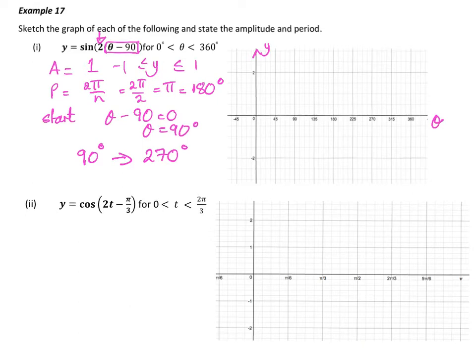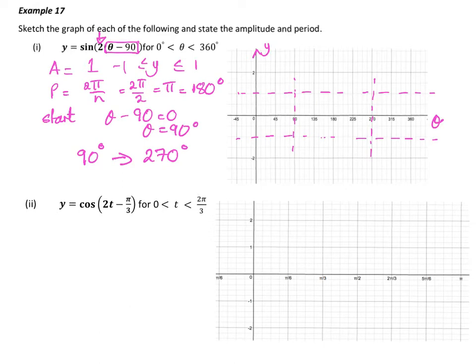And so here you can see that I'm going from 1, that's the top of my graph, to the bottom, which is here, which is -1, okay? And then I'm going from 90, which is there, to 270, which is there. Now that box forms one full cycle of my graph.